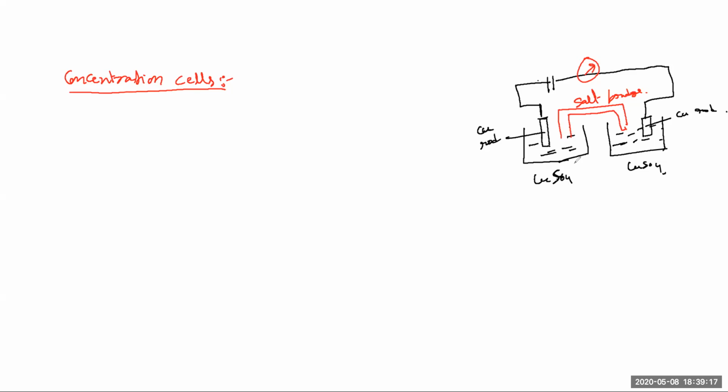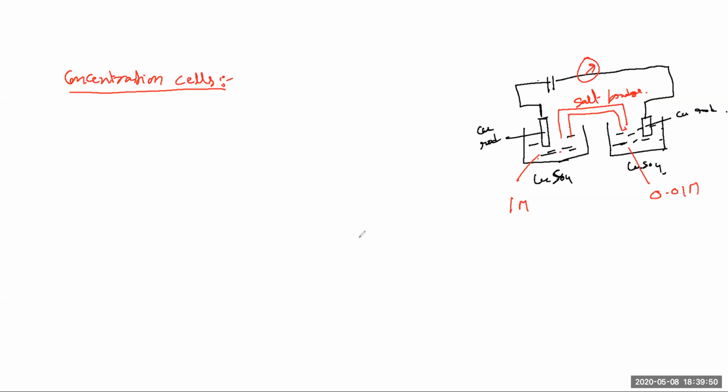Okay, here what are the differences? Both oxidation and reduction electrodes are placed in the same electrolyte, but the difference is the concentrations are different. See this: this is the 1 molar concentration, this is a 0.01 molar concentration.